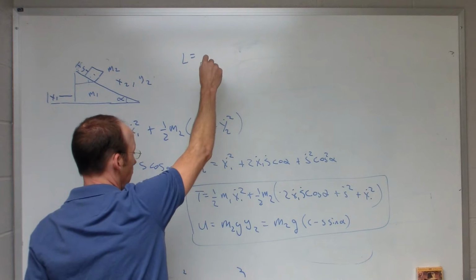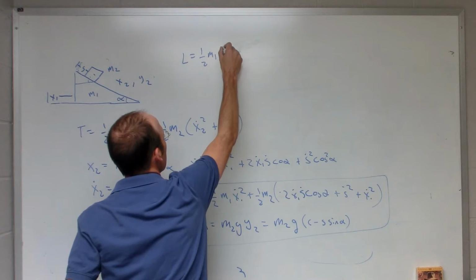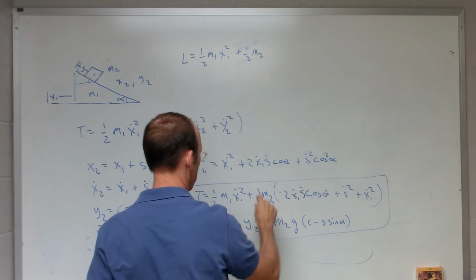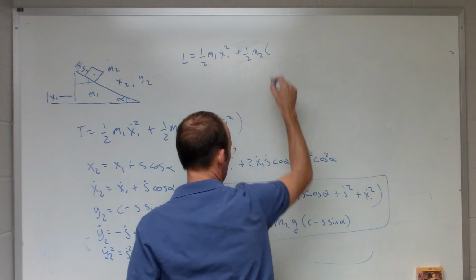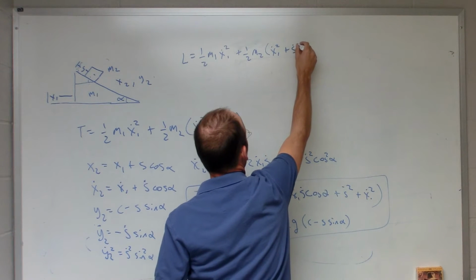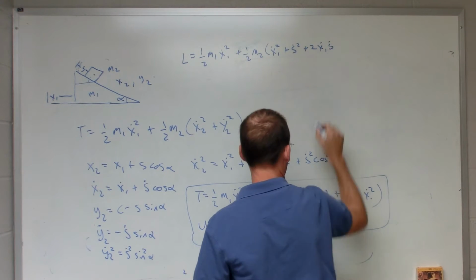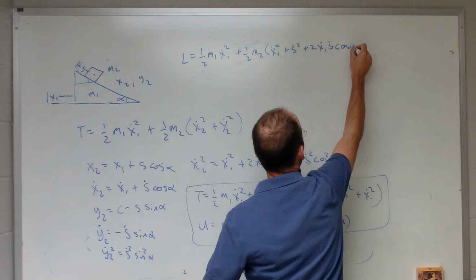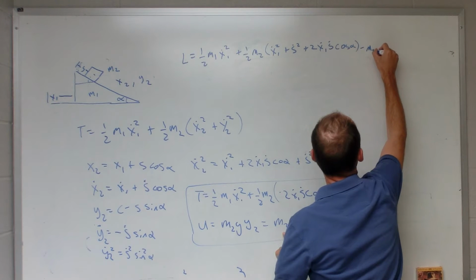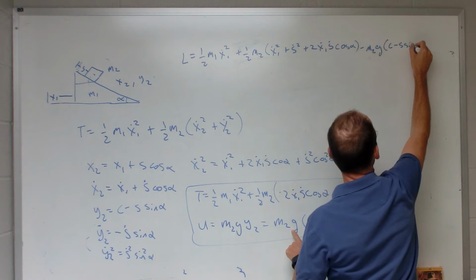I'm going to write out the Lagrangian: 1/2 m1 x1 dot squared plus 1/2 m2, just copying this, times x1 dot squared plus s dot squared plus 2 x1 dot s dot cosine alpha, and then minus this, m2 g (c minus s sine alpha).